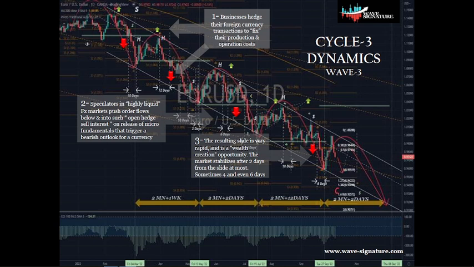All right. The dynamics behind trading CFD contracts are simply that all market participants are trading a specific supply-demand cycle. They are buying and selling within that cycle range. Businesses would want to hedge the foreign currency transactions to fix the production and operation costs.